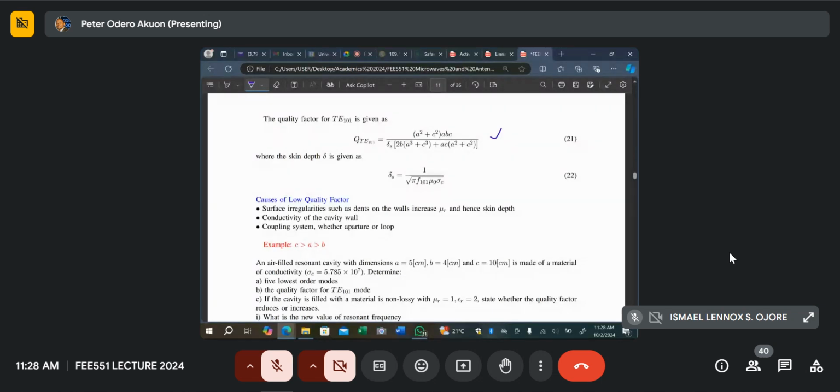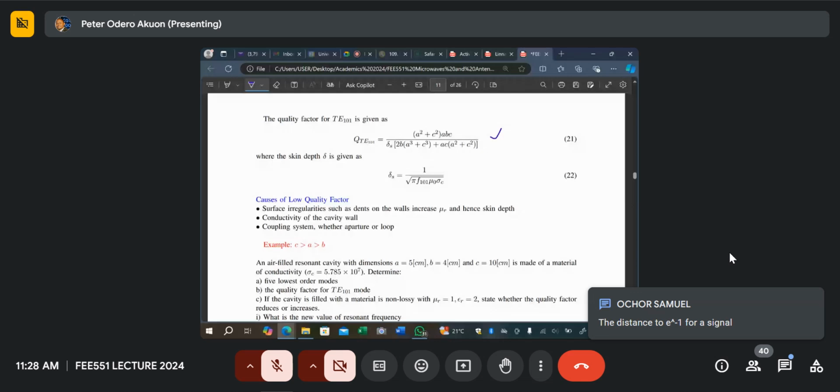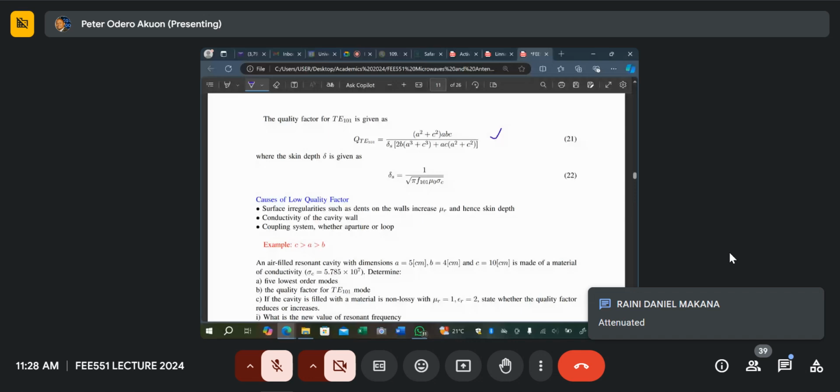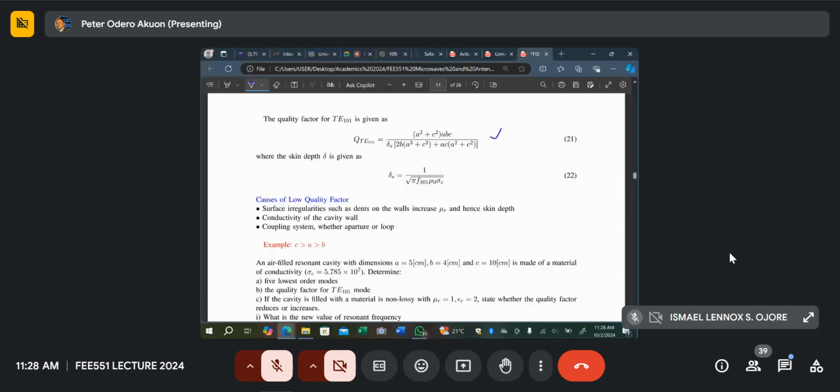63%. 63% of the energy? In the skin depth, 63% of the amplitude of that signal is defined within the skin depth.